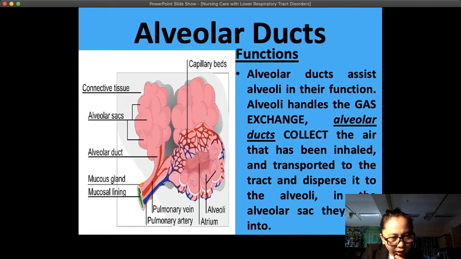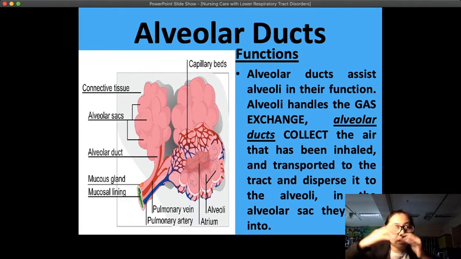So the alveolar ducts are the ones collecting the air that we inhale. When we inhale, it is collected by the alveolar duct and transported to your alveoli, and then the alveolar sac is where they feed into.